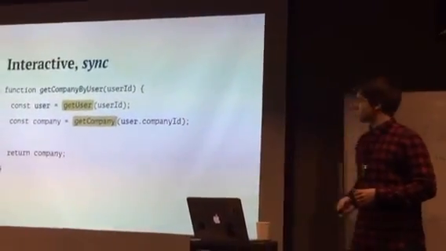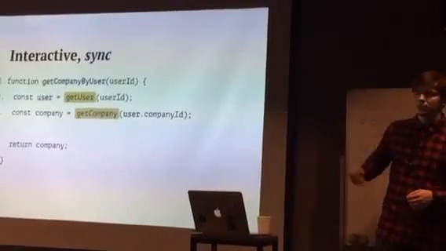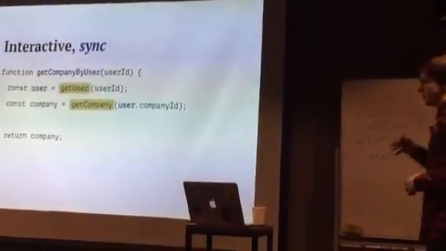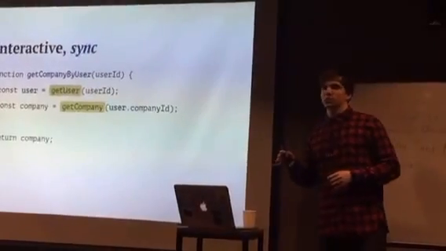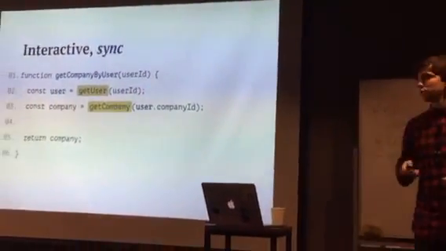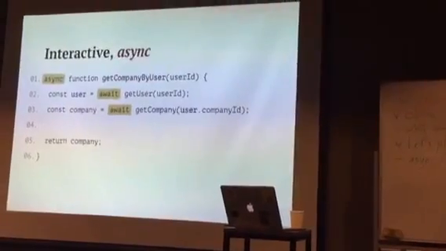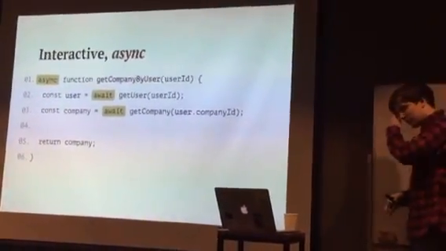So let's get back to our example of blocking code, get user, get company, and so on. By using a better approach, a new approach of working with non-blocking code, this function can be updated in this way, and it will be asynchronous.